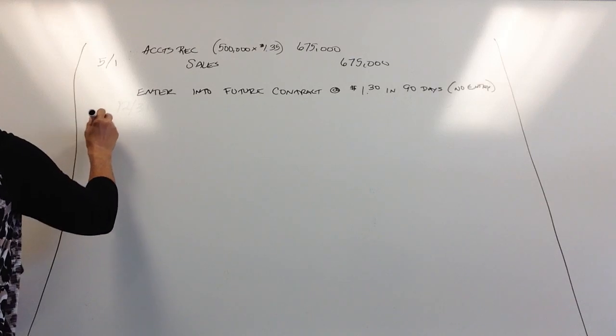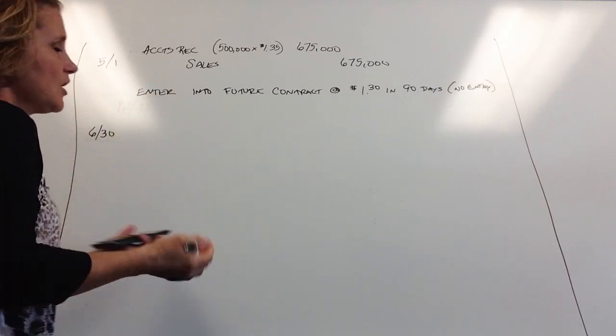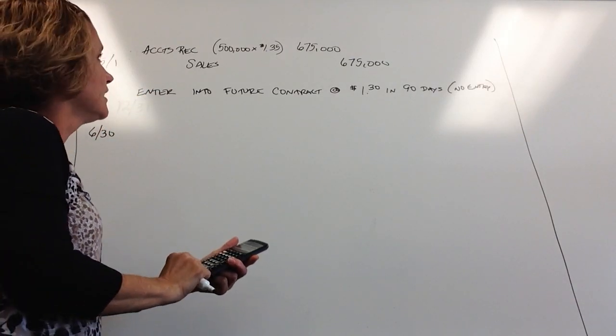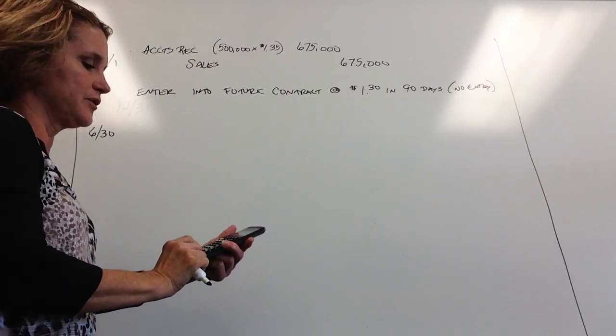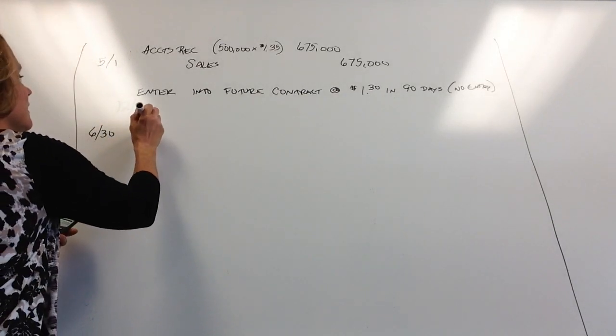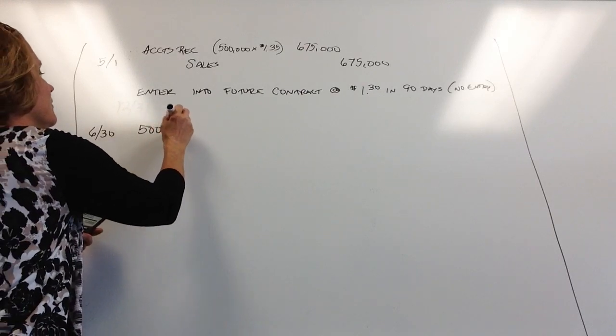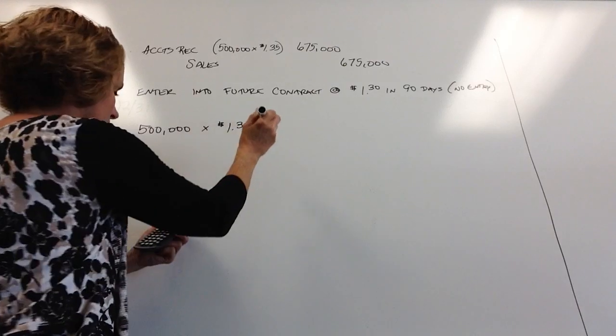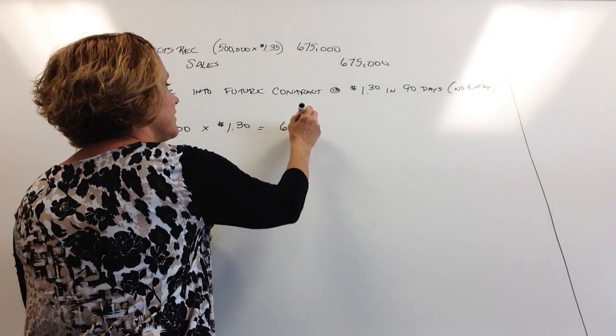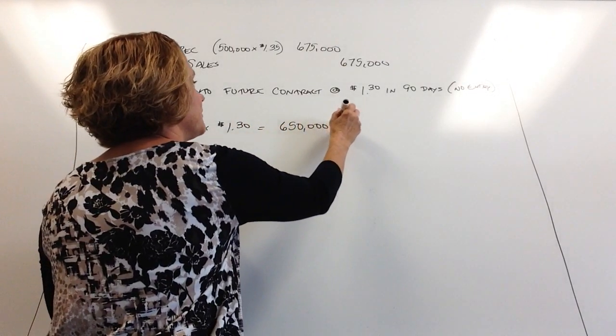Then June 30th, if it goes down to the $1.30, we'd have the 500,000 times the $1.30, that would be a $650,000 receivable.